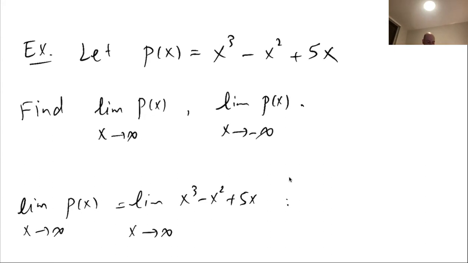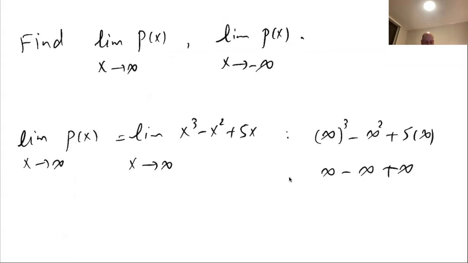If I replace x with infinity, I'll get infinity cubed minus infinity squared plus 5 times infinity. So this is infinity minus infinity plus infinity, right? Infinity cubed means a very large number to the power 3 is infinity. Infinity squared, a large number to the power 2, is infinity. 5 times a very large number is also infinity, right? So infinity minus infinity plus infinity.